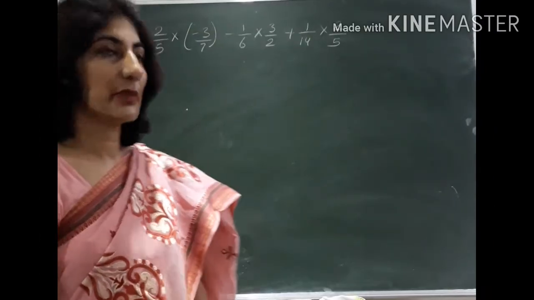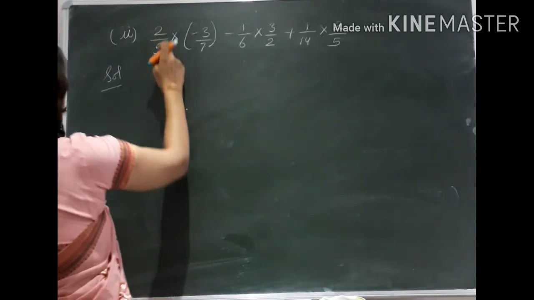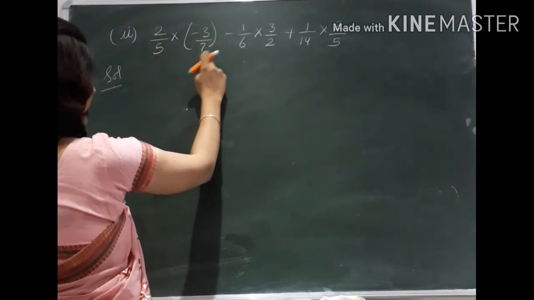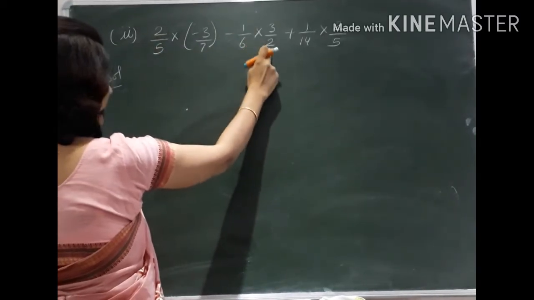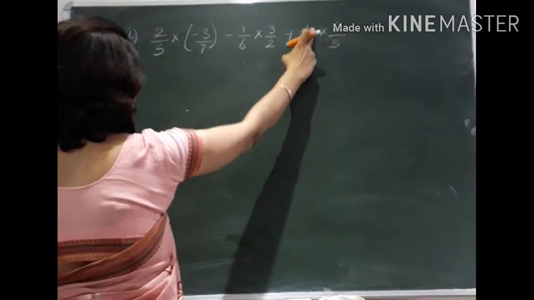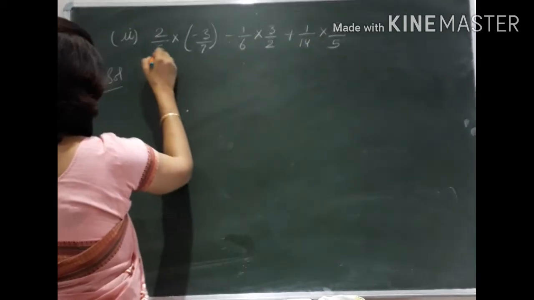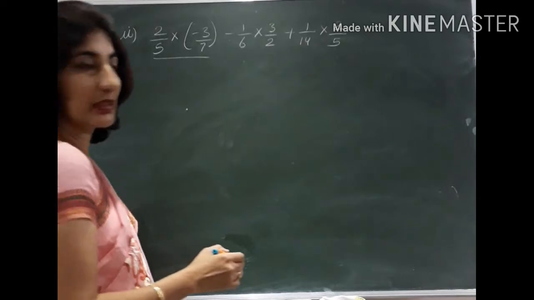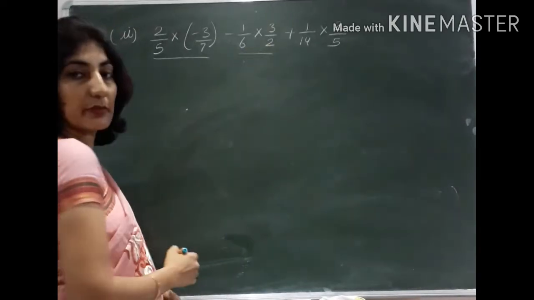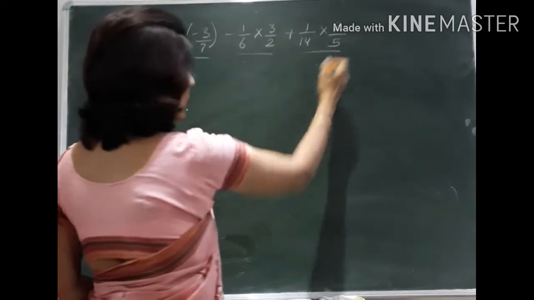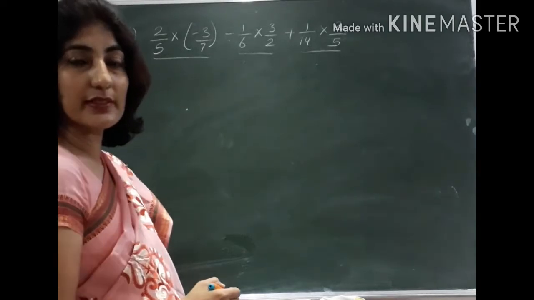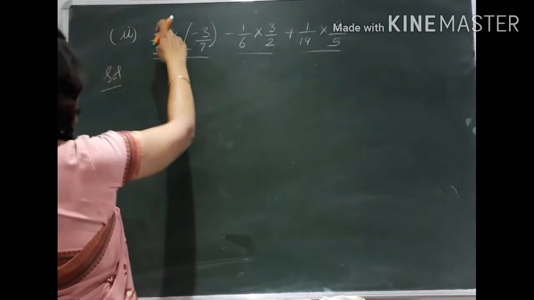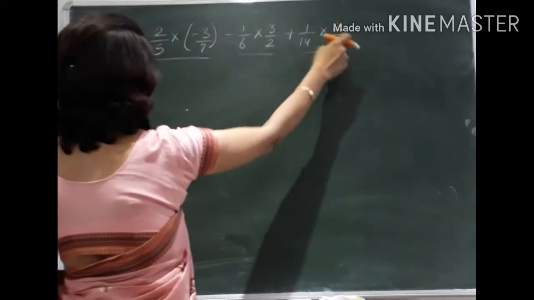Second part of question number 1 is 2/5 multiplied by -3/7 minus 1/6 multiplied by 3/2 plus 1/4 multiplied by 2/5. These two rational numbers are in multiplication, these two are in multiplication and these two are in multiplication. Which one is repeated? You can see here, 2/5 is here also, 2/5 is here also.